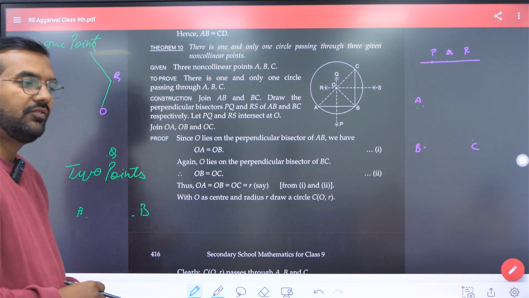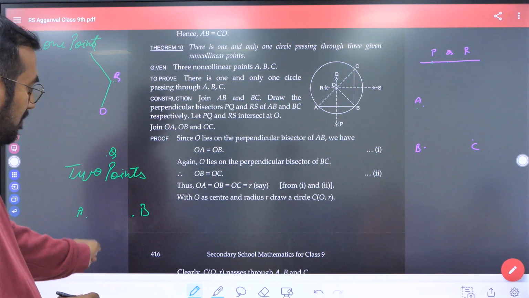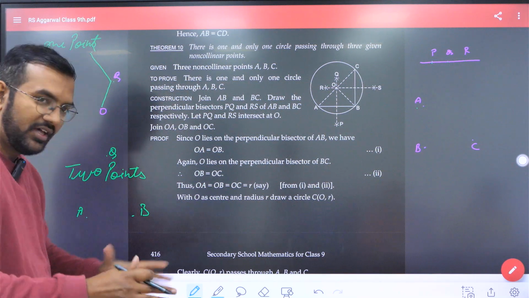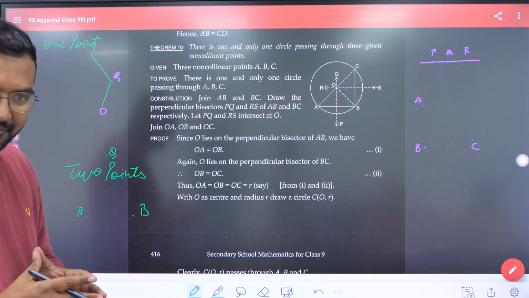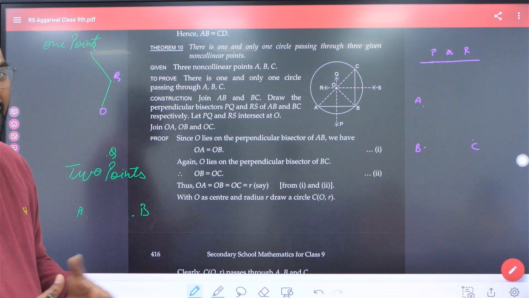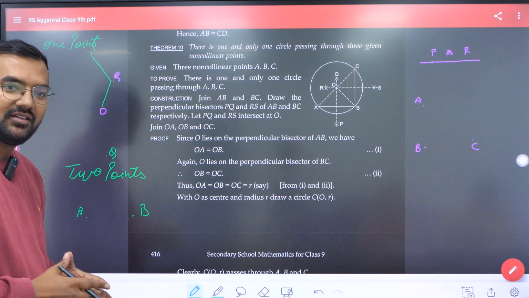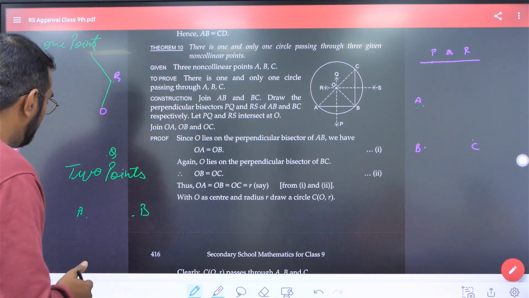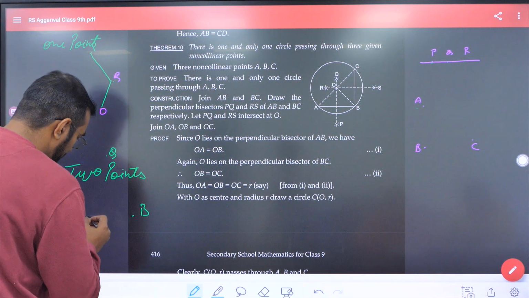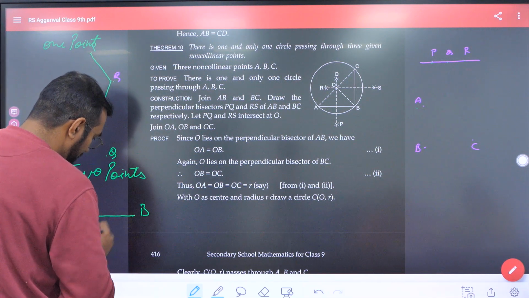Then you have to find all those points from which these two points are equidistant. Again infinite. You may ask how, sir? Let's join AB.